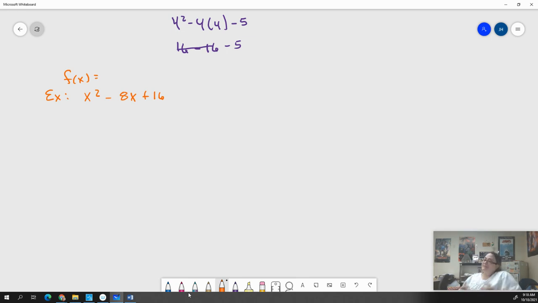I can tell you that this is a perfect square trinomial, which means that I know exactly what this is going to look like. I know exactly what the solution is going to be. Notice I said the solution, right? Just by looking at it, I know we're only going to have one. But we still need to try and solve it the same way. We still need to bring in a graph.